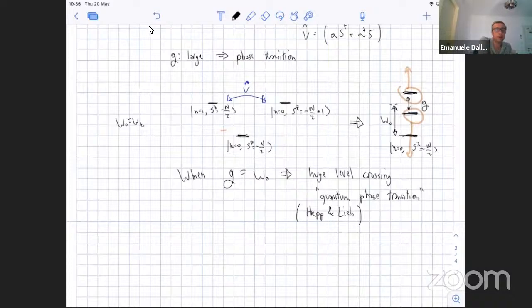It's the simplest example of a phase transition. It's mean field in a sense, since there are only two degrees of freedom. There is no space, there are no dimensions here. So it's a zero-dimensional problem, and it's the simplest example of a quantum phase transition. Questions?